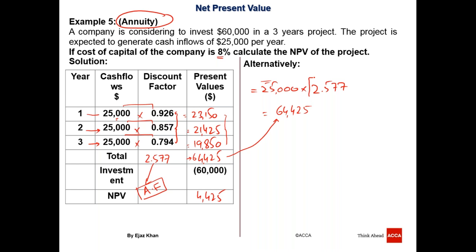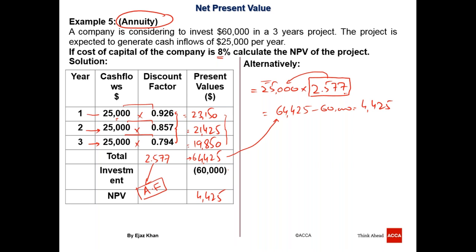So if we know the annuity factor, all we have to do is to multiply this factor with the annuity. We'll get the present value of all cash inflows. And then later we will deduct the initial investment to get the net present value.